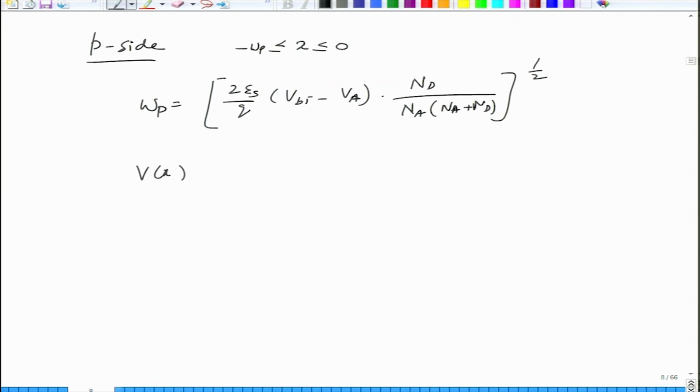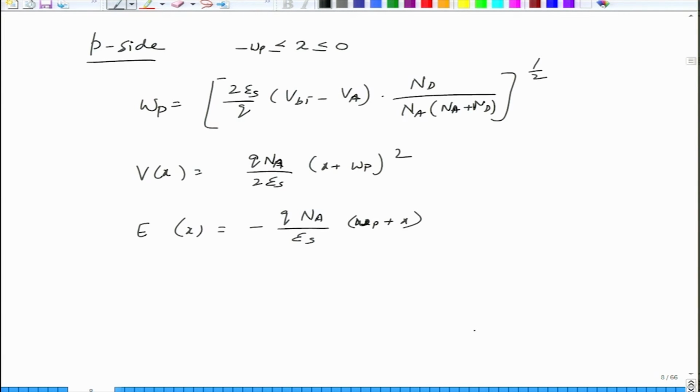Vx will become q Na divided by 2 epsilon s into x plus Wp squared, and Ex will become minus q Na divided by epsilon s into x plus Wp.